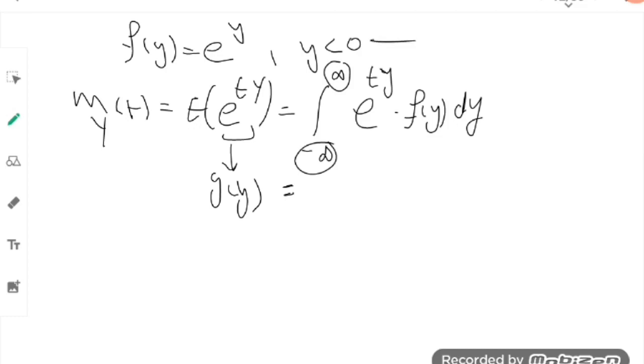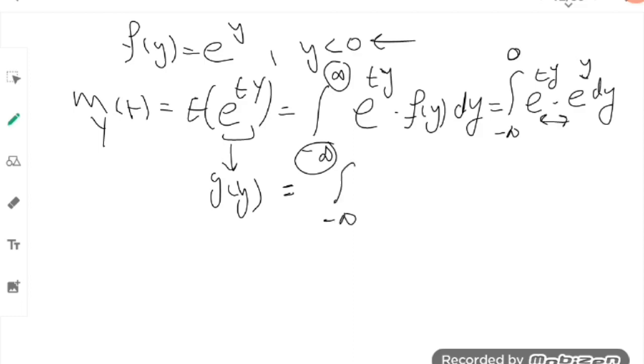So this will be the integration from negative infinity to 0 of e to the power ty times e to the power y dy. Then we have 2 exponential functions, so we can multiply them by adding the powers. So this will be the integral from negative infinity to 0 of e to the power y times t plus 1 dy, where y is a common factor.